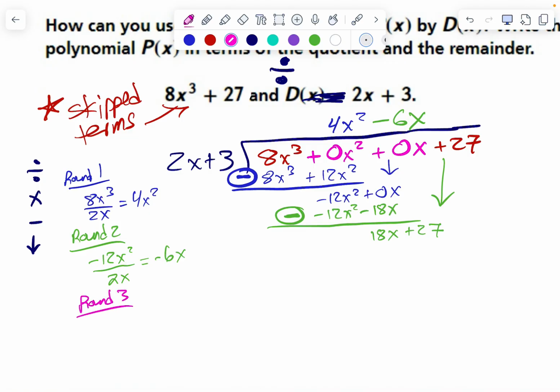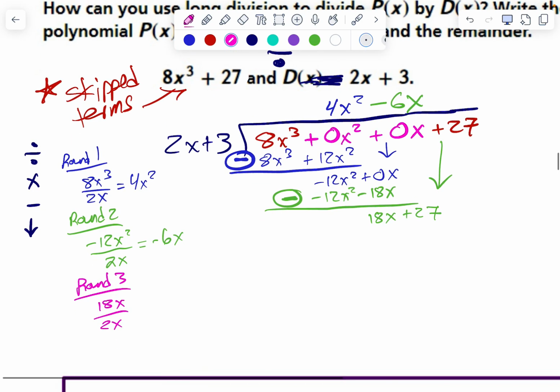Okay, let's do round 3. What's the question this time? Awesome. 18x divided by 2x, or how many times does it go in? Okay, 18 divided by 2 is 9. X divided by x is just 1, so we're not going to write it.